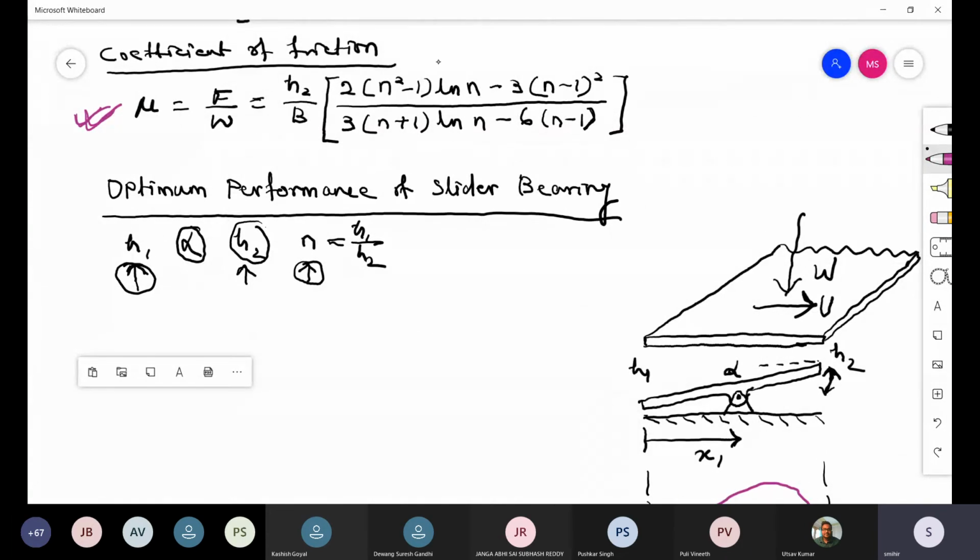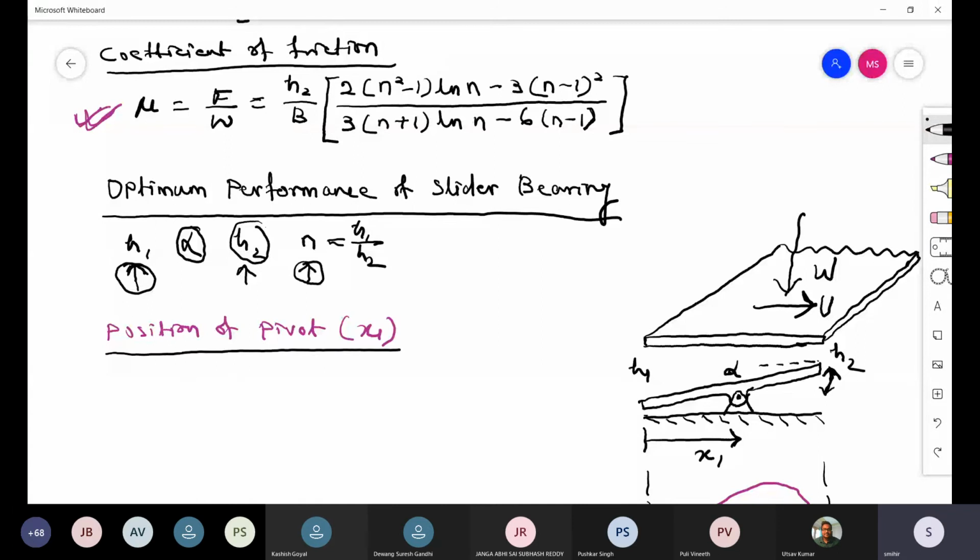Now let us find out the position of pivot. That is X1. Okay. So how do you find this position of pivot?